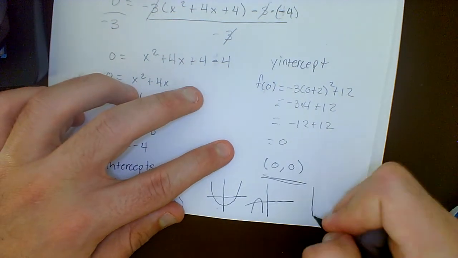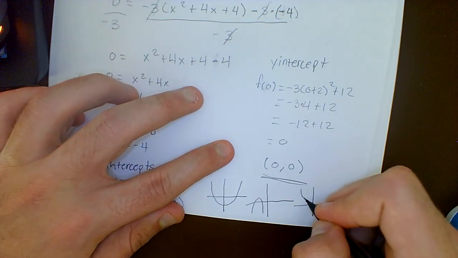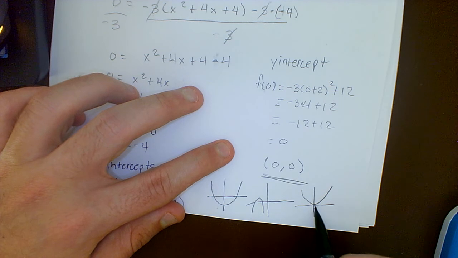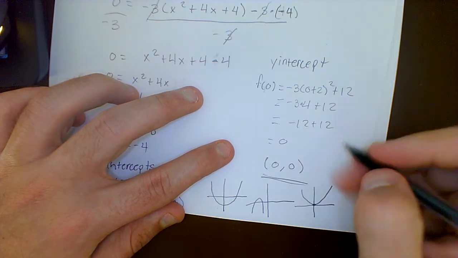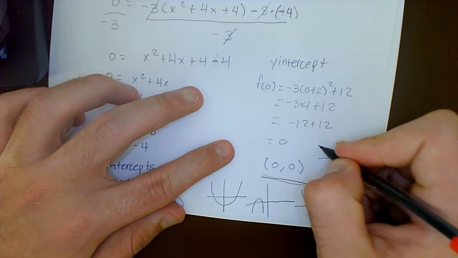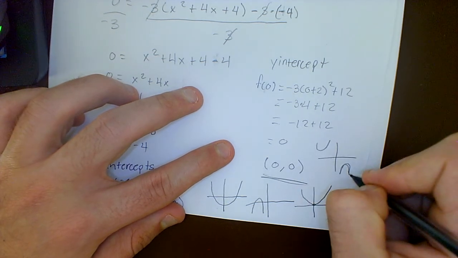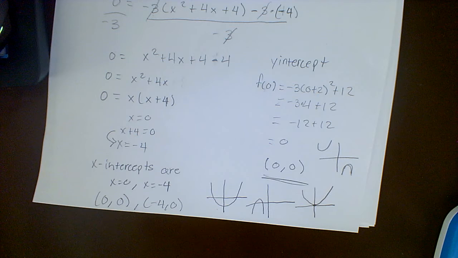If you have one x-intercept, think about just the simple x squared parabola. It only touches the x-axis once at 0. Then the other one could be, what if your parabola looks like this, or like this, then it doesn't even cross the x-axis at all.